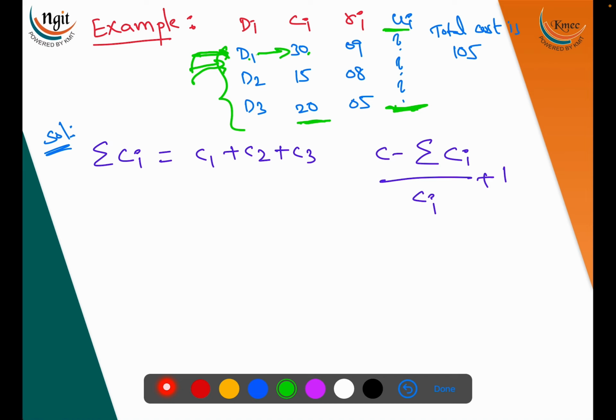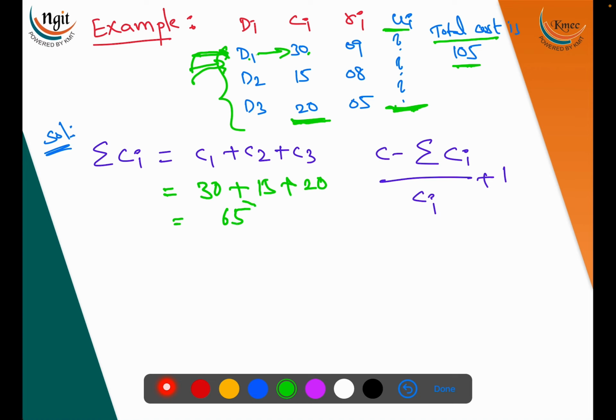We were given a total cost, which is 105. The total cost of the given devices is the sum of Ci, which is C1 plus C2 plus C3. That means C1 is 30, C2 is 15, C3 is 20. Total 65 is the cost, correct?